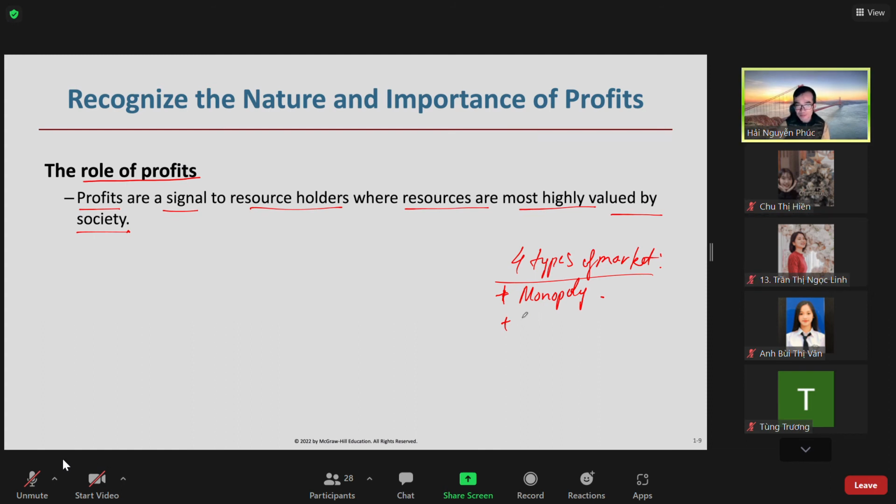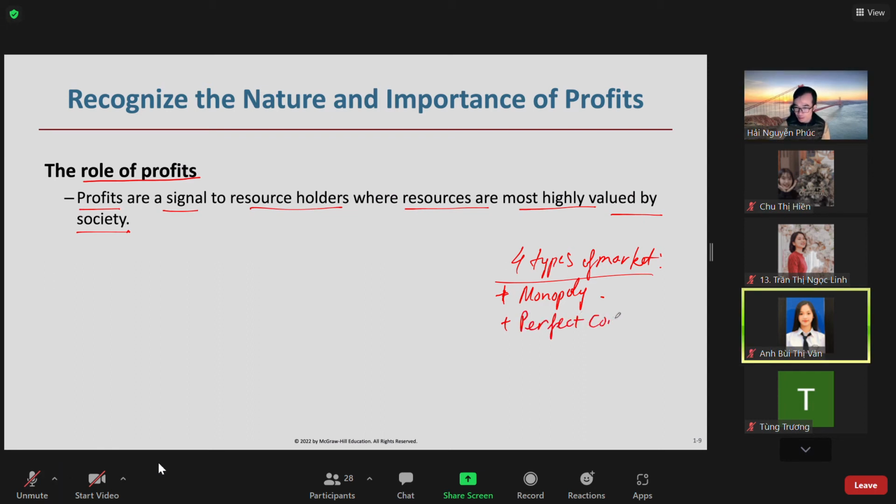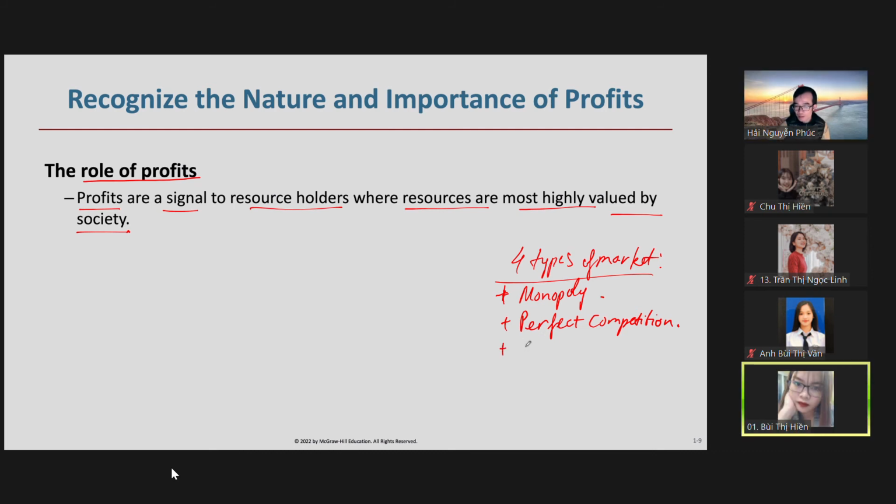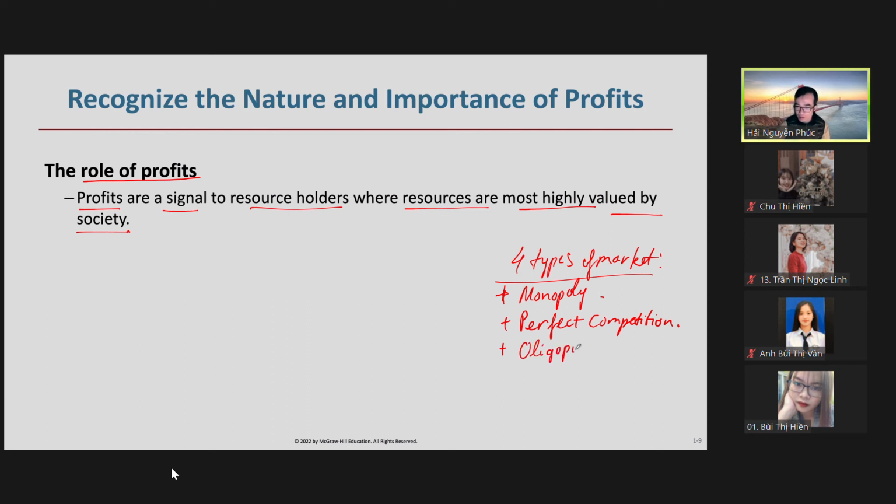We often say perfect competition, right? Perfect competition, or perfect competitive market. What else? Oligopoly. Right. Anything else? Monopolistic competition. Yes, that's correct. Monopolistic competition.